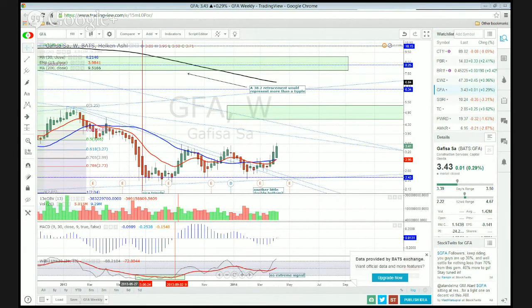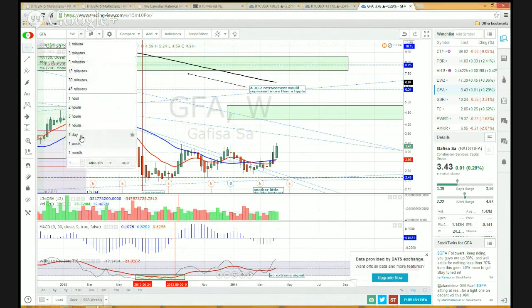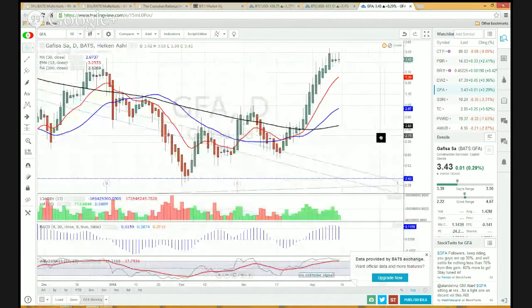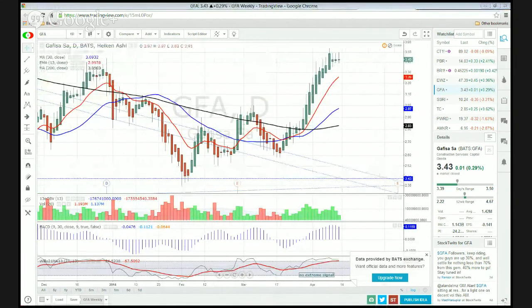It's a good question. This is a weekly chart, so the daily chart looks like that. If you look at that, what I would say is that this is a double bottom.